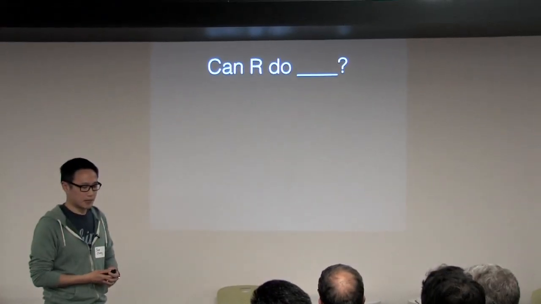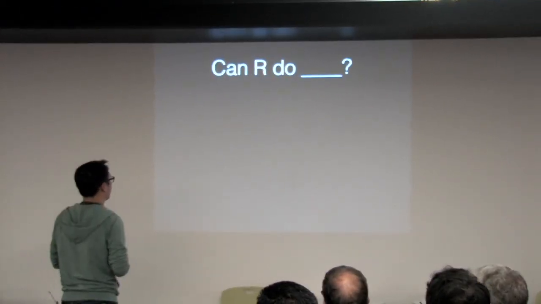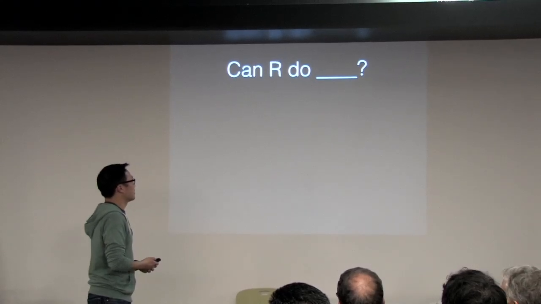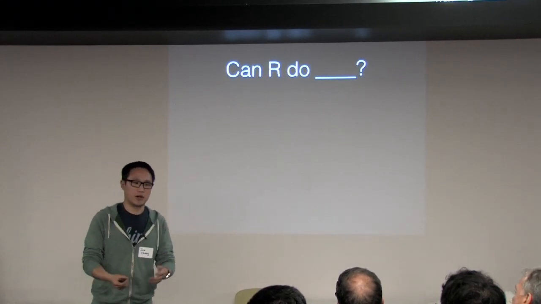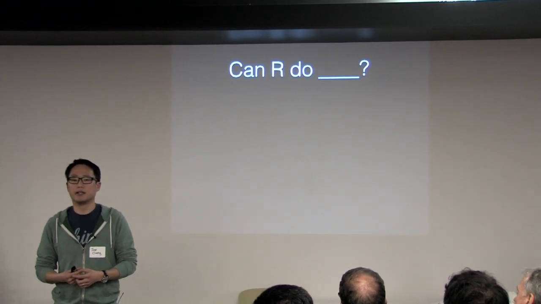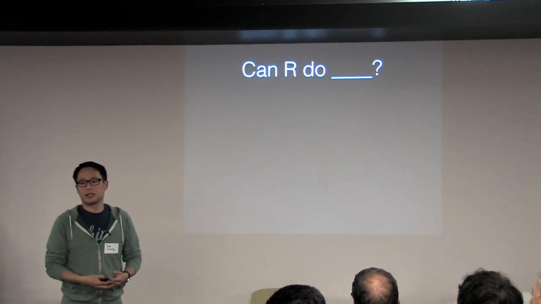Okay, so I want to go on a little bit of a tangent and just talk about some things that R can do. If you're ever on R Help or you see a question raised on R bloggers or on Twitter, and somebody says, "I want to do X. Can R do X?"